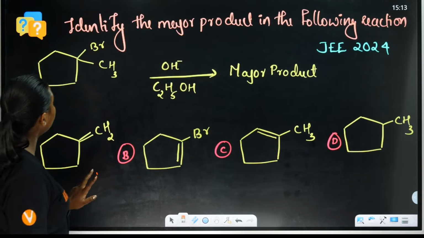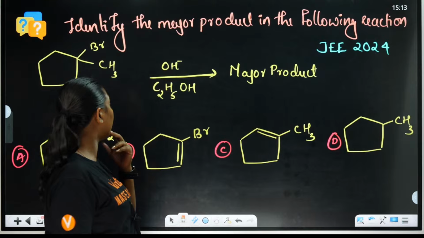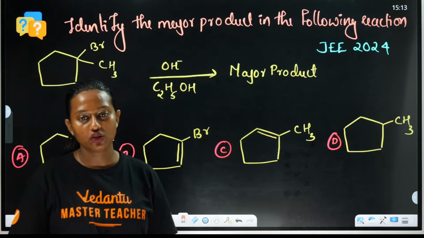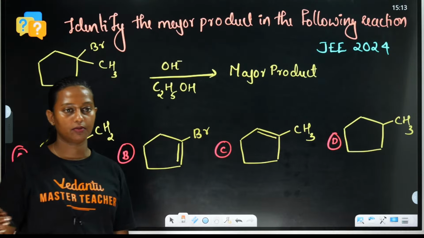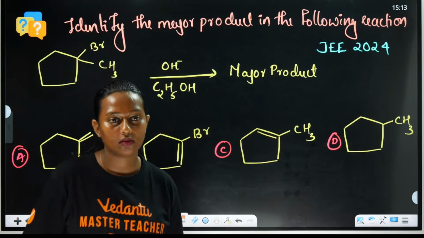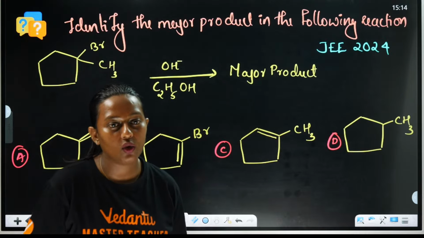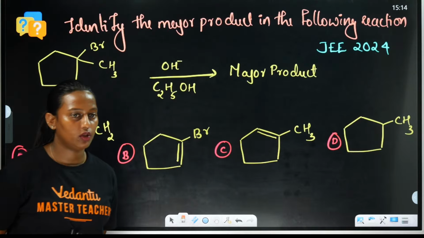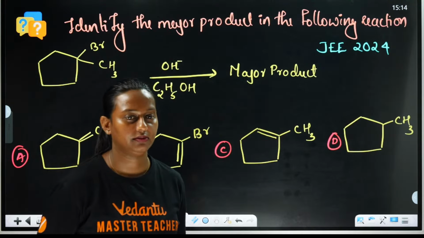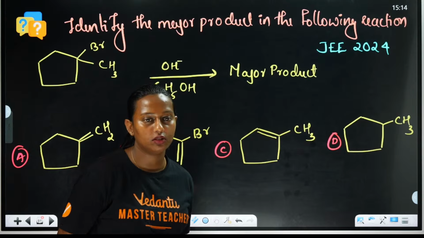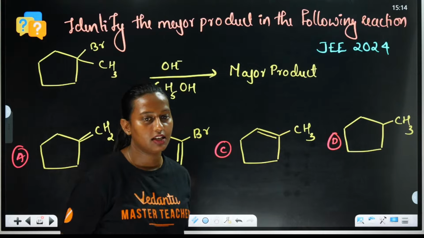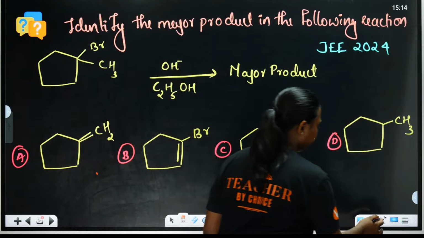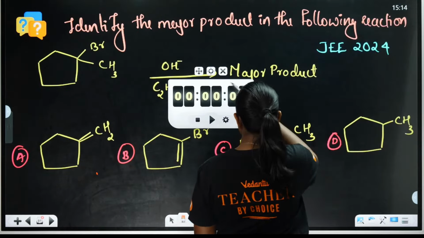Identify the major product in the following reaction. So here is a reaction. It's a JEE 2024 question. Not conjugation, okay. Separation double bond, so it is minor. Then I will give you a timer also.